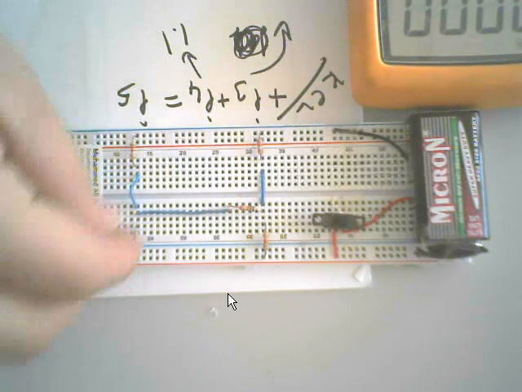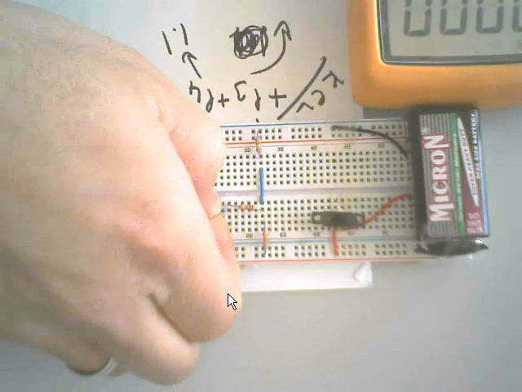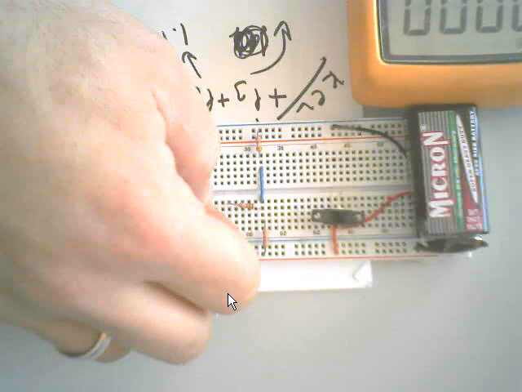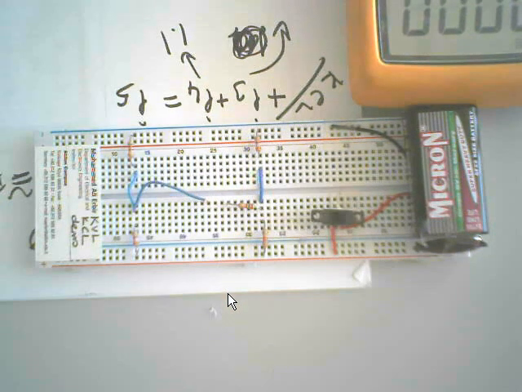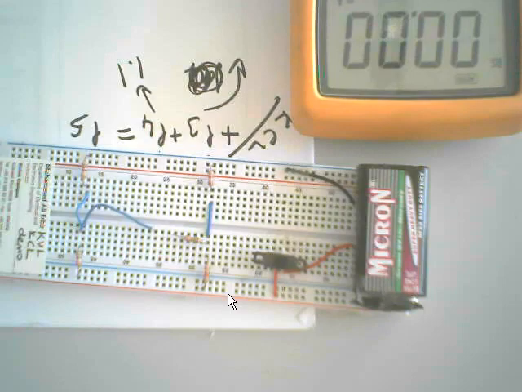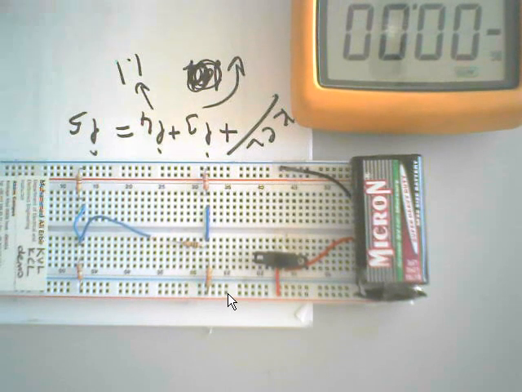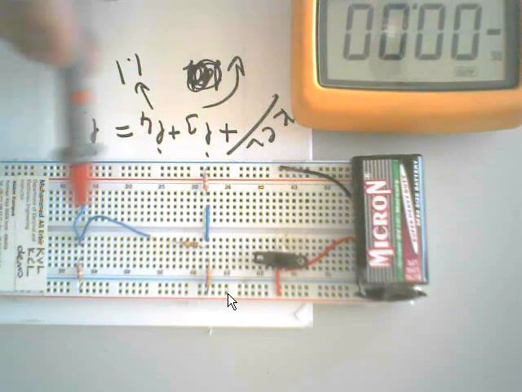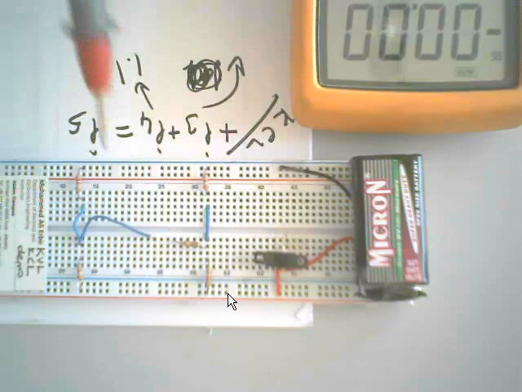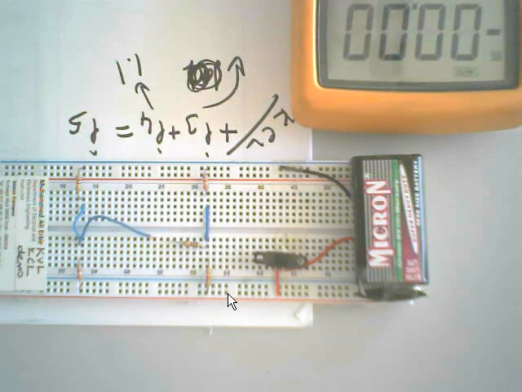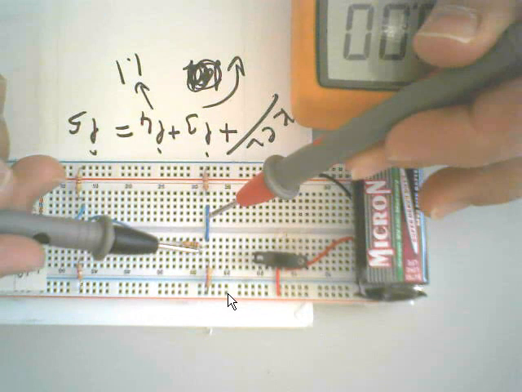I'm completing the circuit and I'm opening this port. Because I3 is defined in this direction from here to here, I have to measure it like this. It should be coming like this.